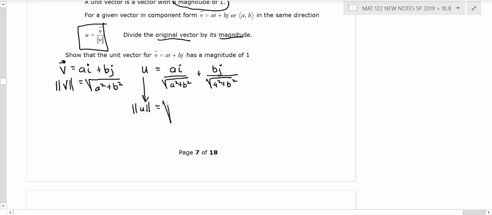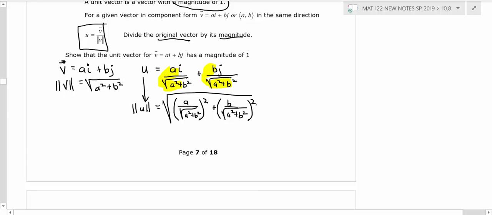I do the square root of this squared, what I highlighted, so that would be a over the square root of a squared plus b squared, squared, plus this whole thing, the b over that, so that would be b over the square root of a squared plus b squared, squared.